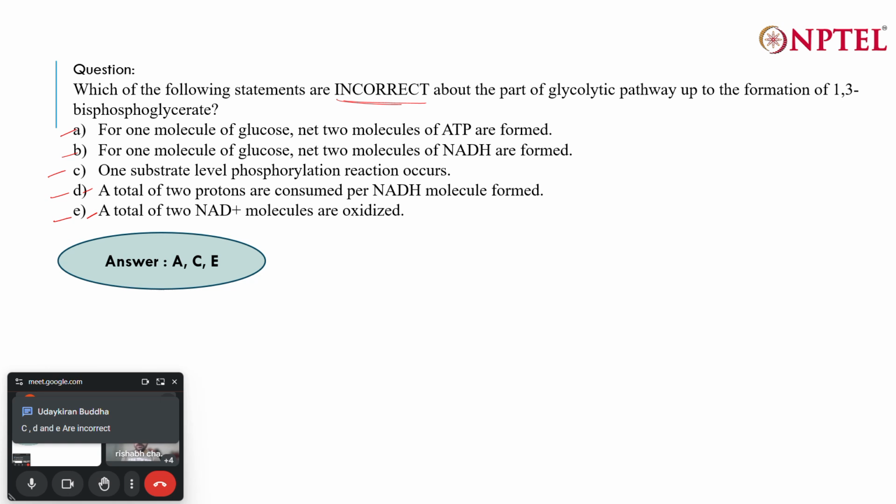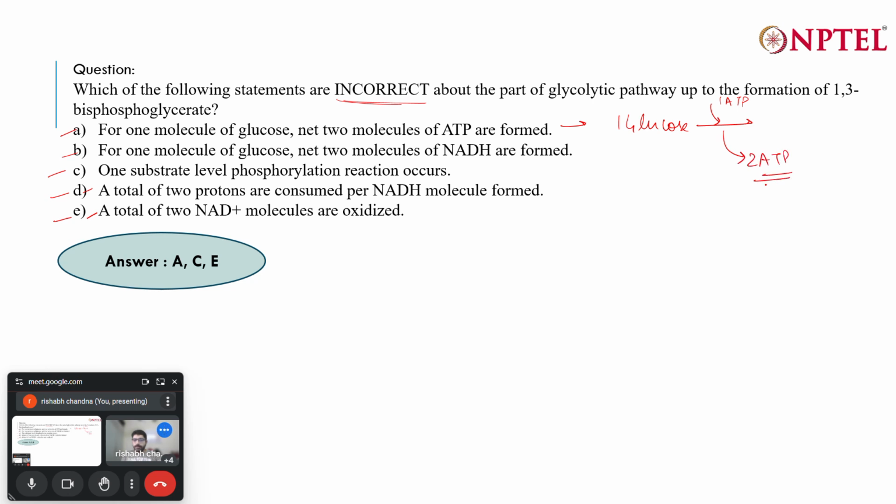For one molecule of glucose, two molecules of ATP are formed. If we see from one glucose molecule, one ATP is utilized for the conversion of glucose to glucose 6 phosphate, and two molecules of ATP are formed from phosphoenol pyruvate to pyruvate.